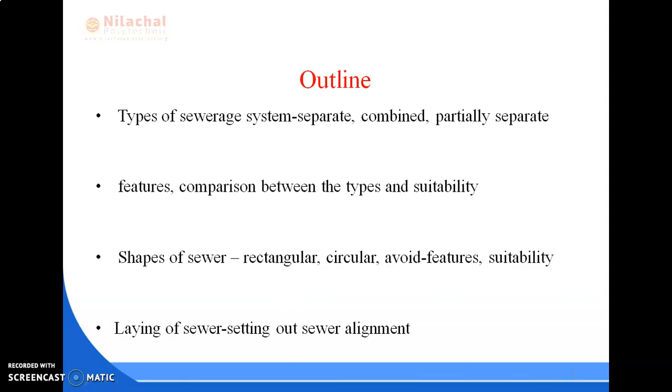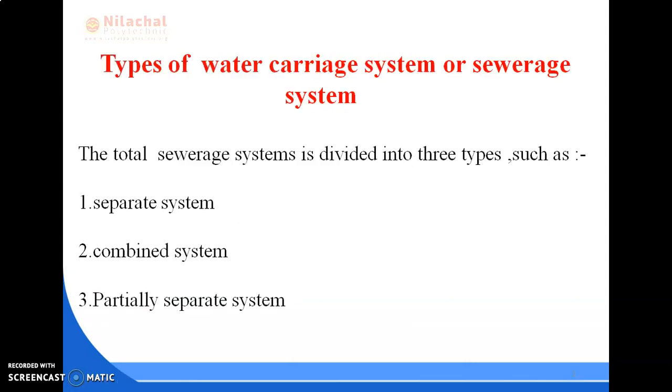This is the outline of this chapter. First, types of water carriage system or sewerage system. The modern water carriage sewerage system not only helps in removing domestic and industrial wastewaters, but also helps in removing stormwater drainage.